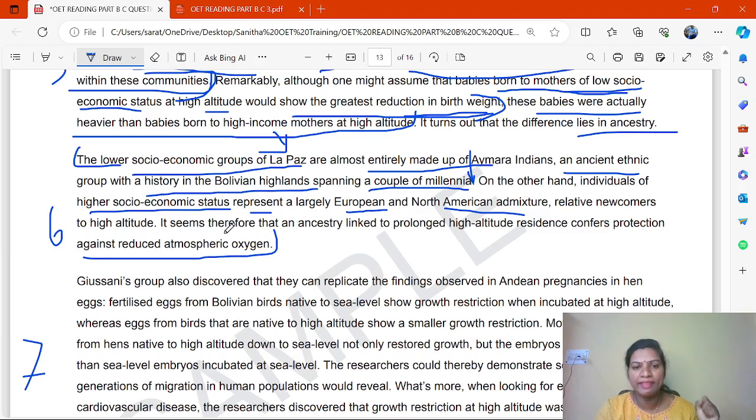It seems, therefore, that there is an ancestry connection linked to prolonged high altitude residence which confers protection against reduced atmospheric oxygen, because the low socioeconomic people are the inhabitants of this area, but the high socioeconomic groups are newcomers to high altitude. These are the points they are discussing.